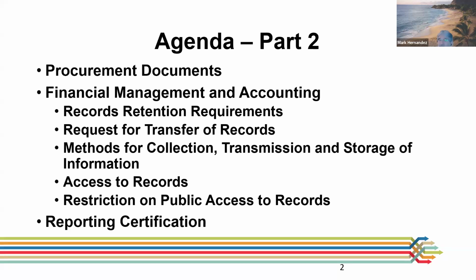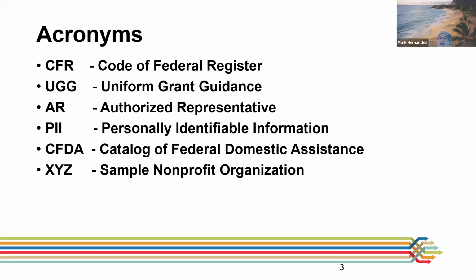So we'll go through that. That's going to be our agenda for today. The acronyms for this will be the CFR, and for us, that's a 2 CFR. There's a lot of different CFRs out there, but for grants this is the particular one that we work off of. Each agency will have its own CFR number.